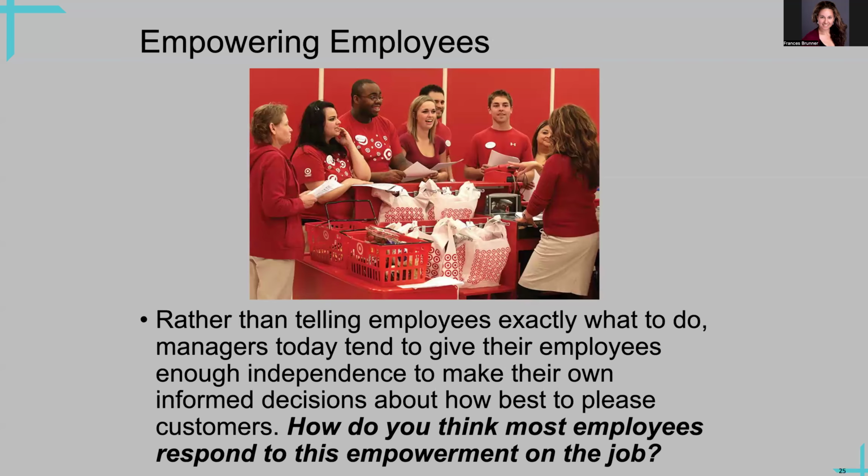So employee empowerment has to do with allowing your staff to make decisions within the locus of their control. So that might mean if someone is manning the register, that they have the power to use discretion to do price adjustments, to override certain functions that would traditionally need a manager.